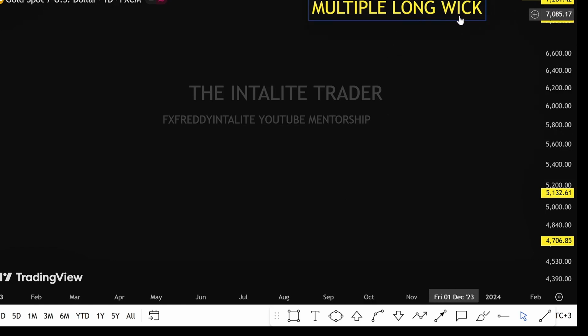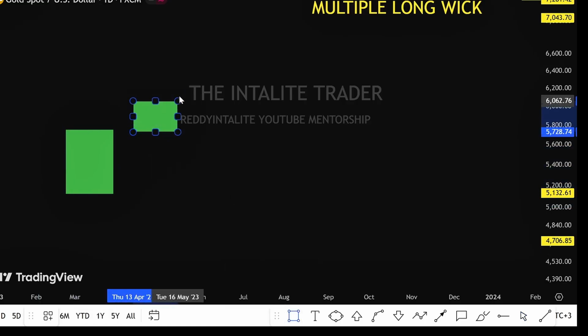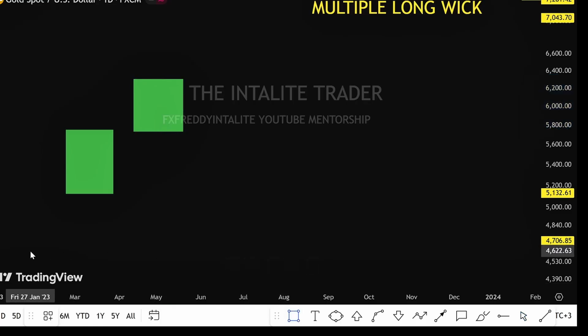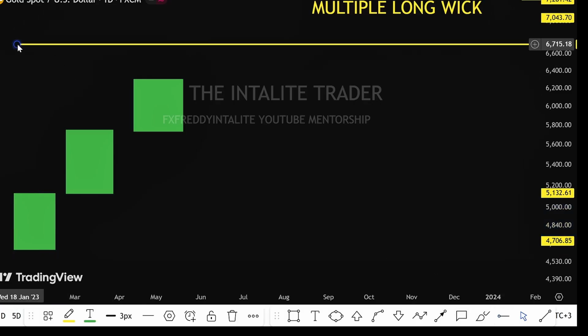So multiple long wick candles is when you have price react to a level. Let's say you have price which is pushing, and then you encounter a level.